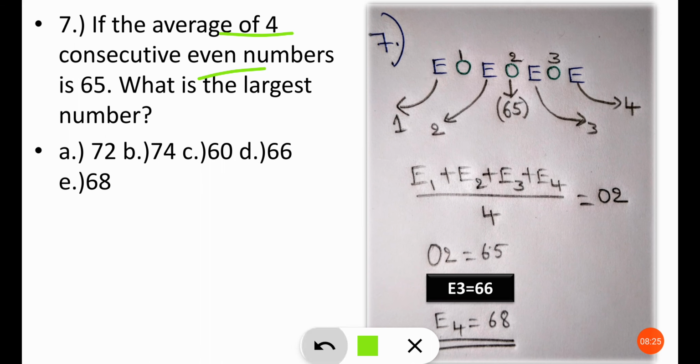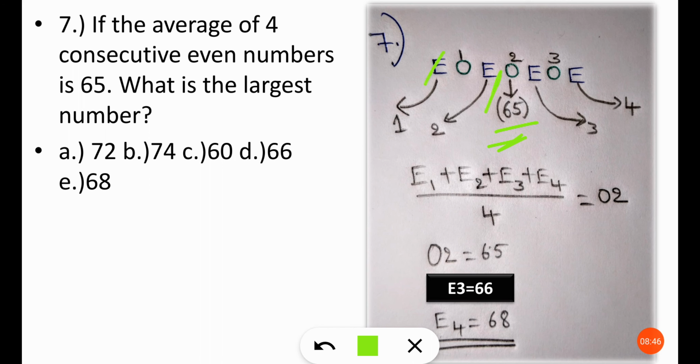If the middle value is given as 65, that means this is an odd number, and there will be 2 even numbers on either side of this 65. 2 even numbers, that means 64 and 62.